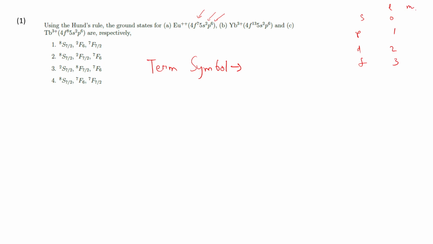So for s, m is equal to 0, just one state. For p it is -1, 0, 1. For d it is -2, -1, 0, 1, 2. For f it will have -3, -2, -1, 0, 1, 2, 3.